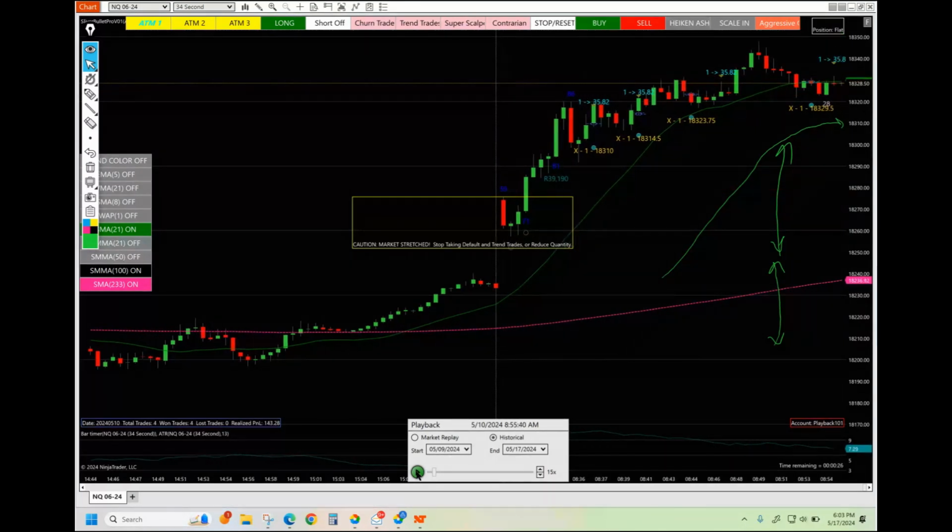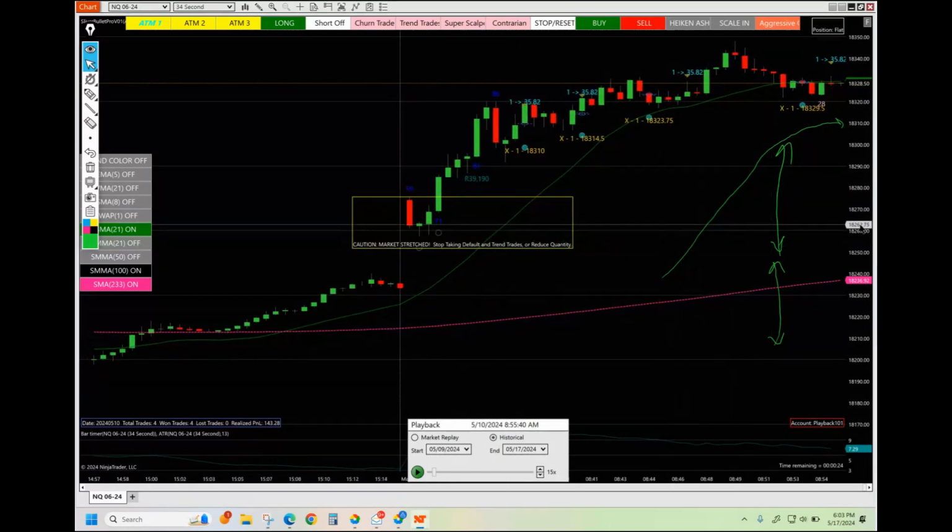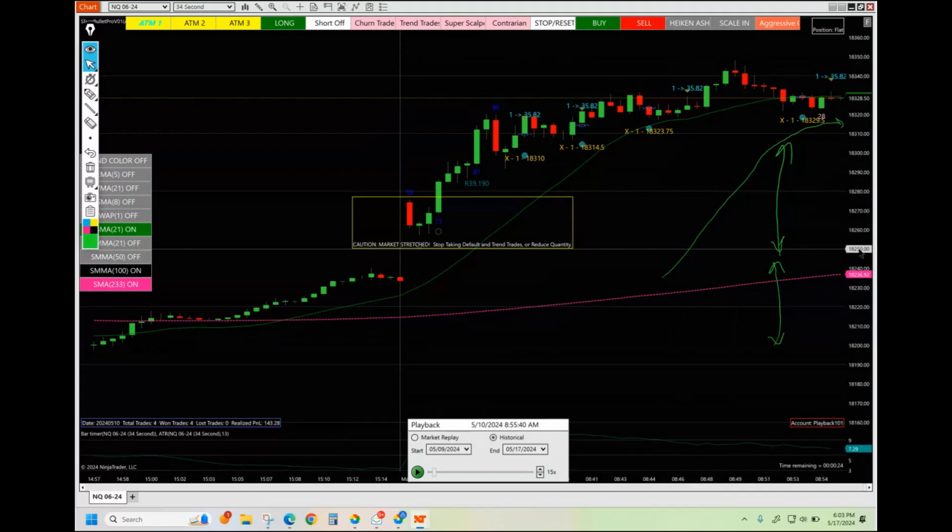Yeah, target filled. So what's the difference between previous trades and this current trade? In the previous trades, the market was nicely trending up. But here it started to bend. The 21 SMA started to bend.